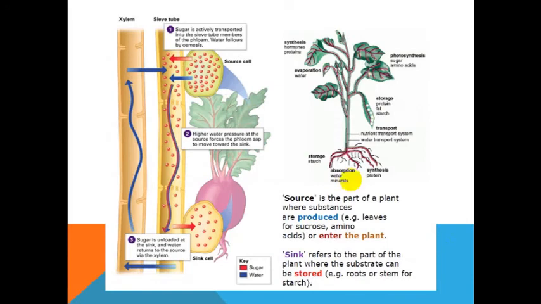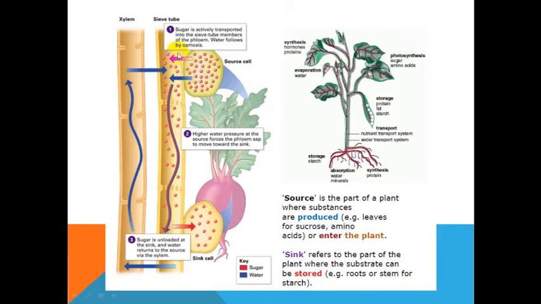Next, this diagram illustrates how translocation happens. Firstly, the sugar is actively transported into the sieve tube members of the phloem, and water will follow by osmosis. The source cell is the place where the sugar is made, which in this case is the leaves.